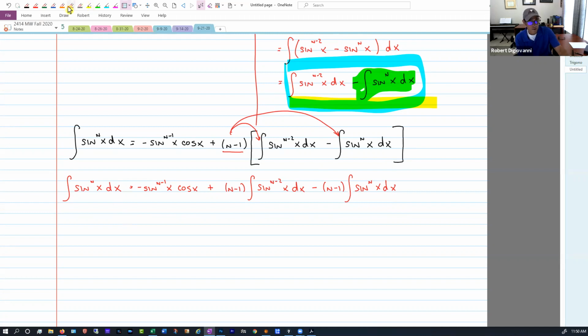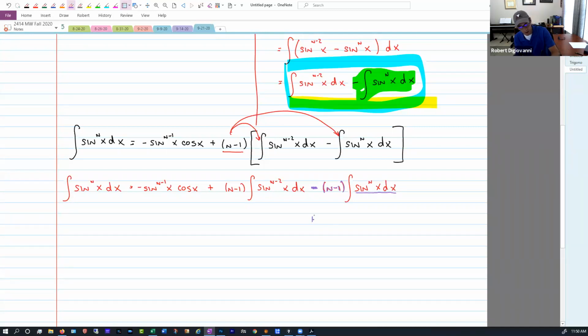We're almost there. Because we recognize that this sine to the n of x dx is the original problem, I'm going to move it to the other side of the equation. And to do that, I'm going to basically reverse whatever I see happening. Right now we are subtracting n minus 1 of these. So if I want to move it to the other side, I have to add n minus 1 of them.